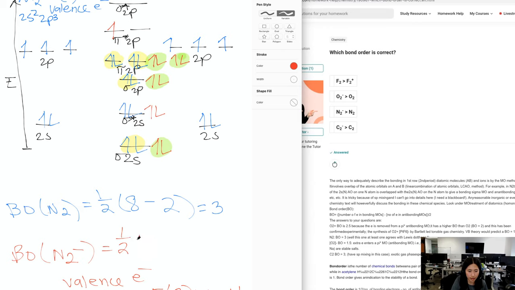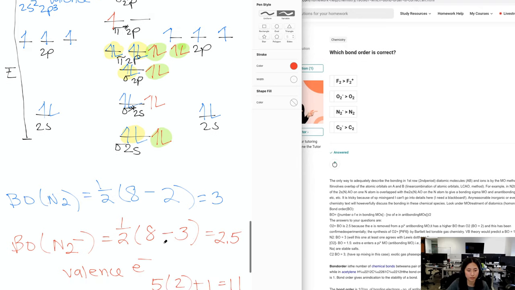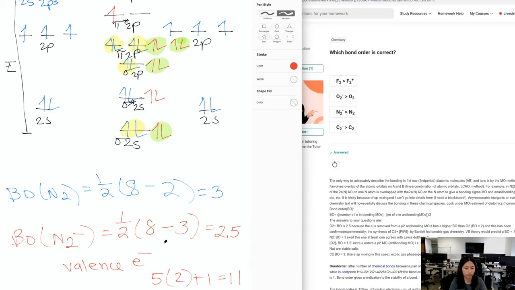So 1/2, 8 minus anti. So for anti, there's 2, right? And then you have 3. So it's 8 minus 3. So that means if you have 8 minus 3, right, times 1/2, you should be getting 2.5. Yeah, because it's 5 divided by 2, right? Which is 2.5. Let me just double check that. Okay, 2.5.